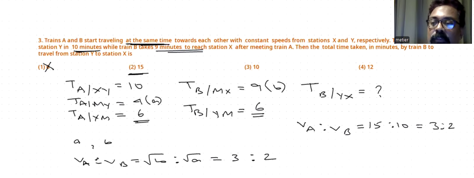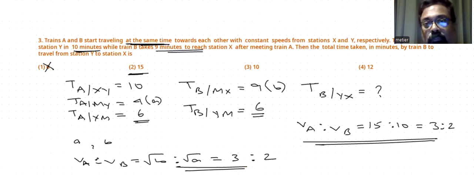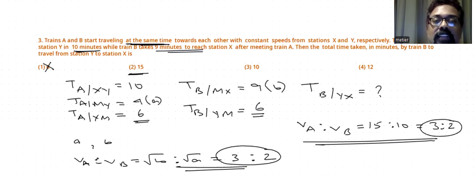So when they cover the whole distance, the ratio is 3:2. When we consider the time they have taken after meeting, from that we have calculated a speed ratio. Both are coming the same. Means our assumption is correct. That's our answer.